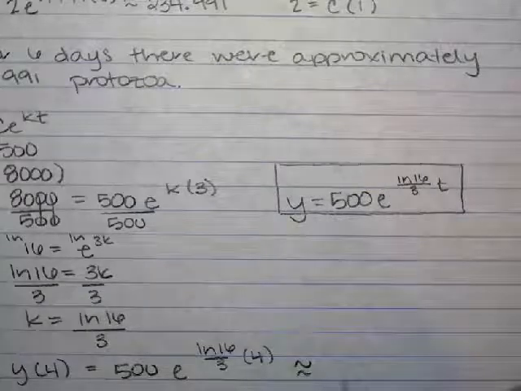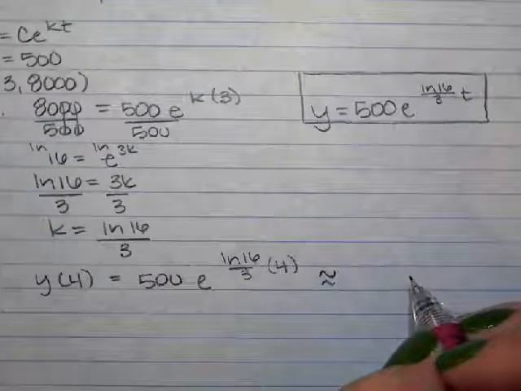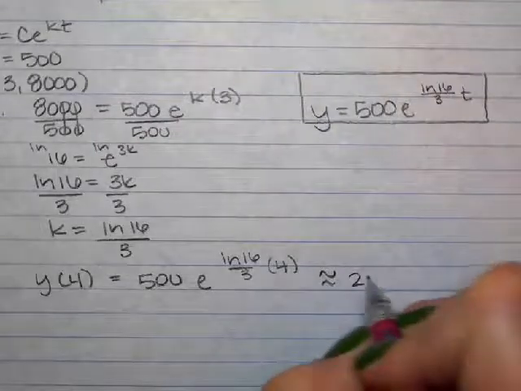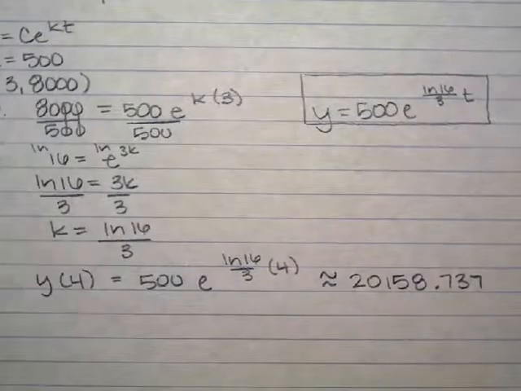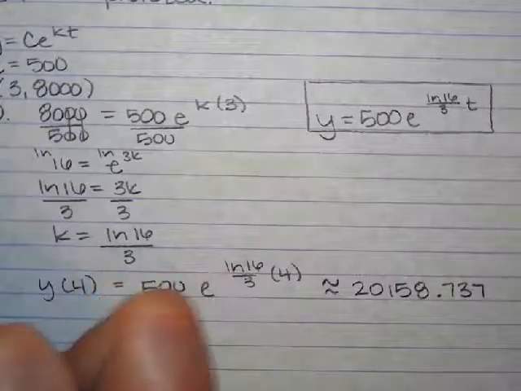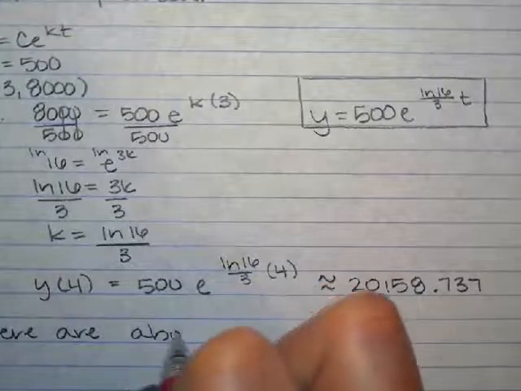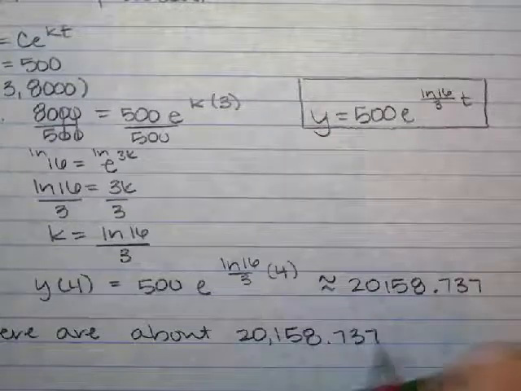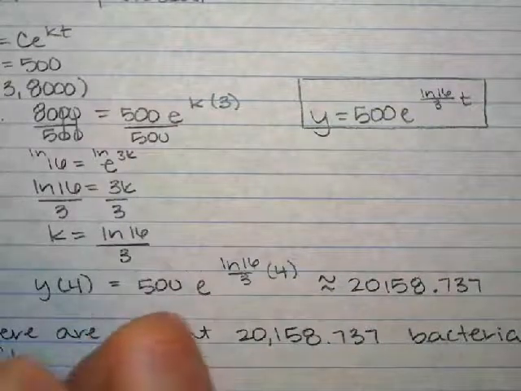It's a decimal. Starts with a 2. Perfect. There are about 20,158.737 bacteria after 4 hours.